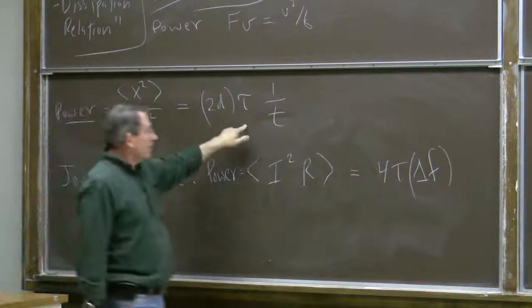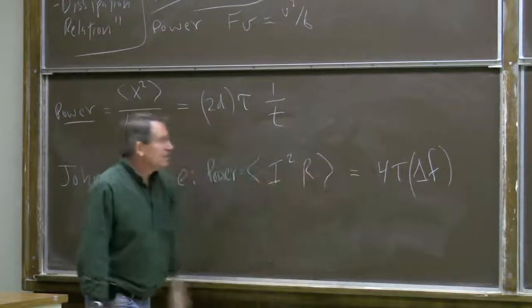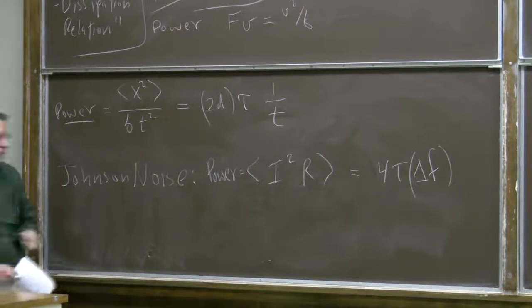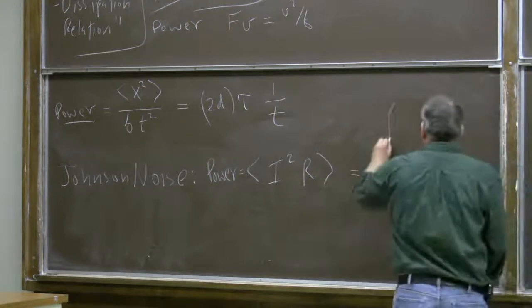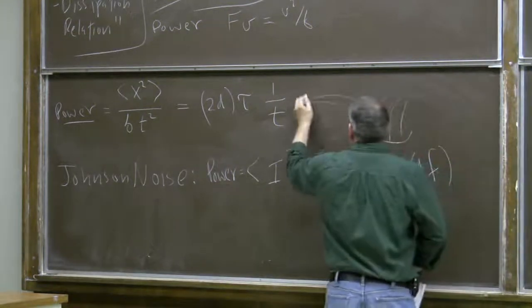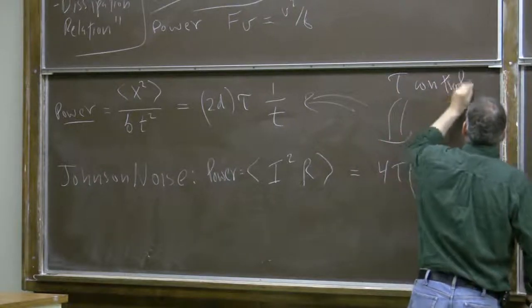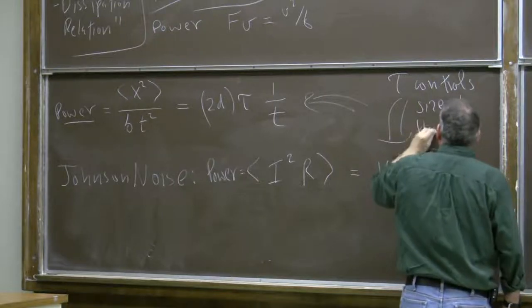And the size of the fluctuations scales with the temperature. Okay? Higher temperature, larger fluctuations. That's a fluctuation-dissipation relation. So temperature controls the size of the fluctuation.